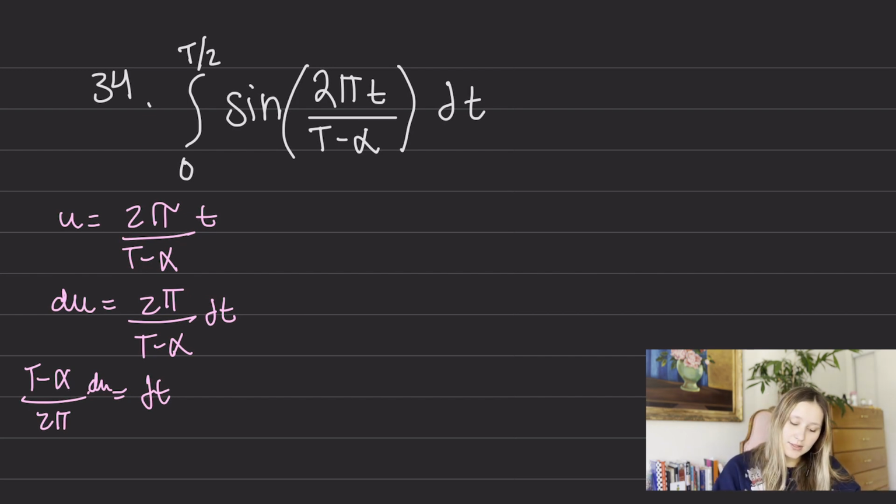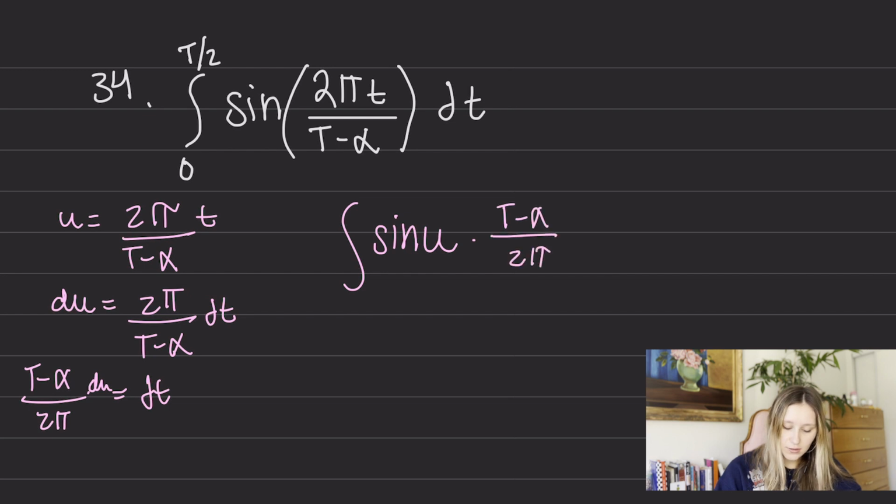Okay, we get sine of u times t minus alpha over 2 pi du.